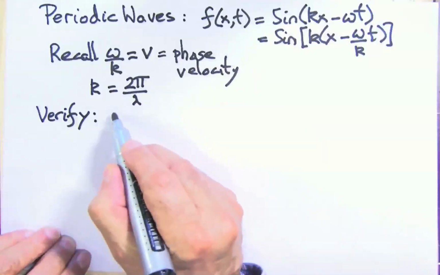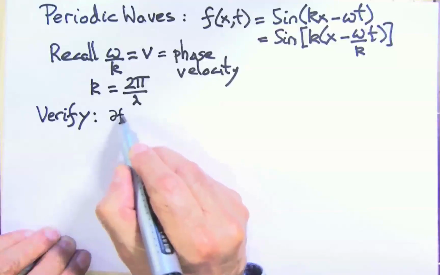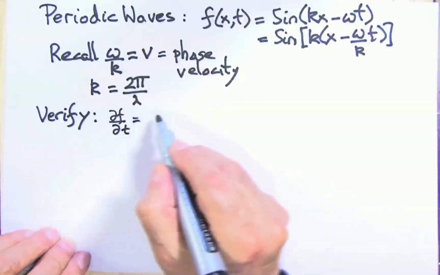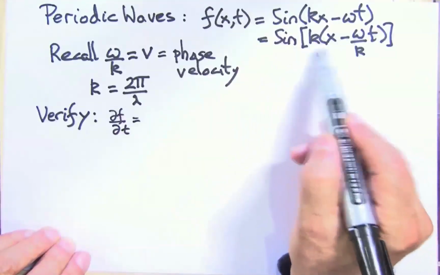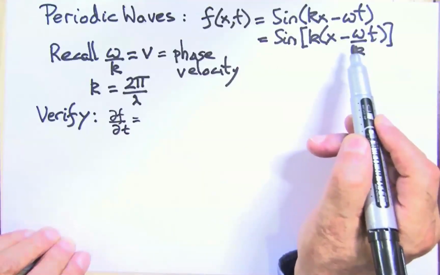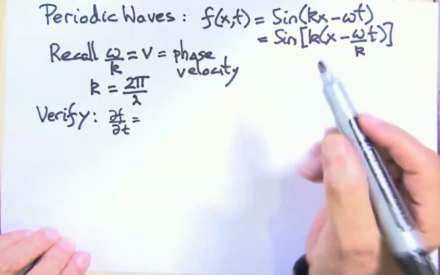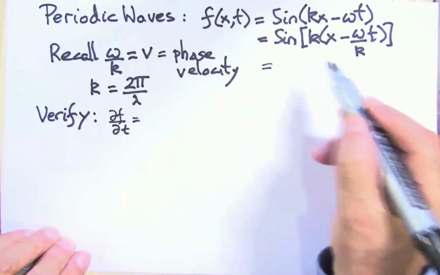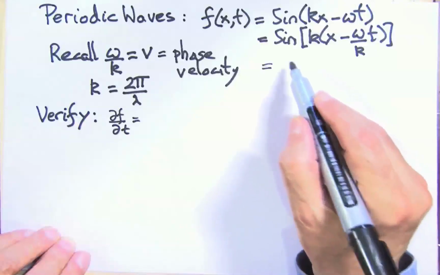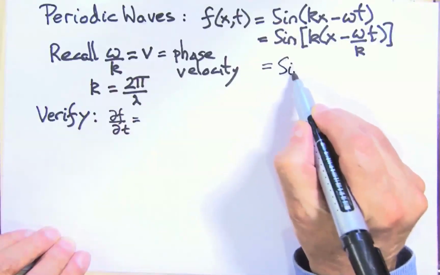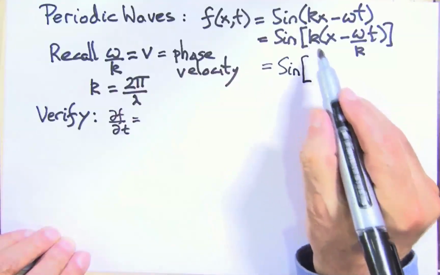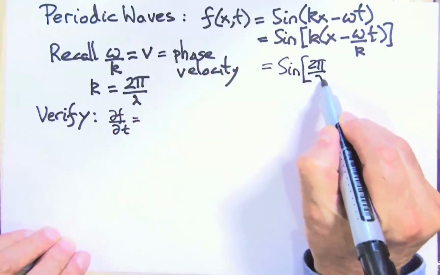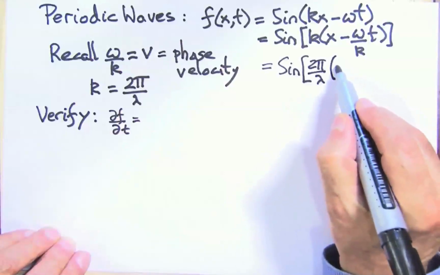So for that, what I need to do is take df by dt first. Okay, by the way, let me do a little simplification here. I can write this as sine of, instead of k, I'm going to write 2 pi over lambda, same thing. I could have done without this, but that's okay.